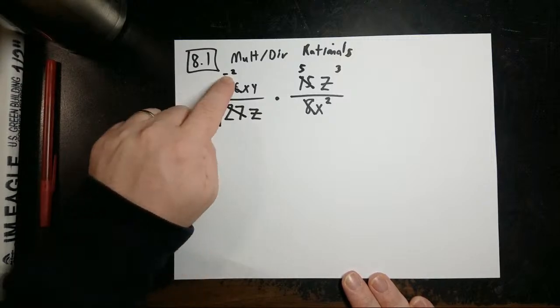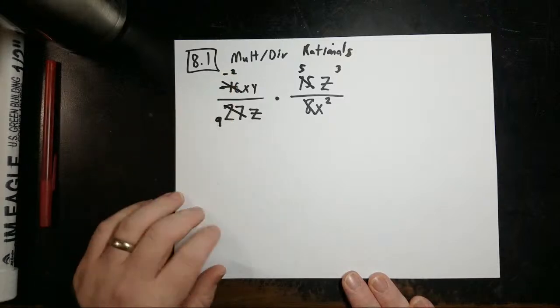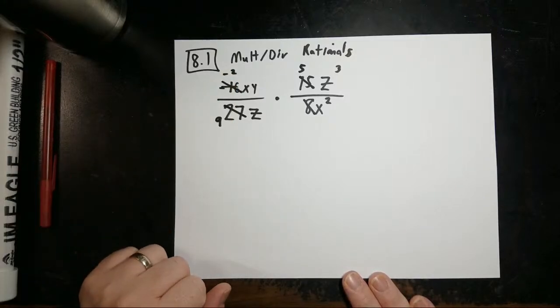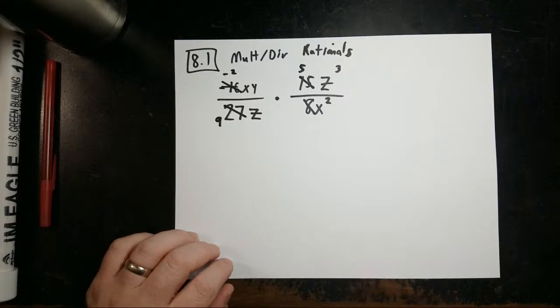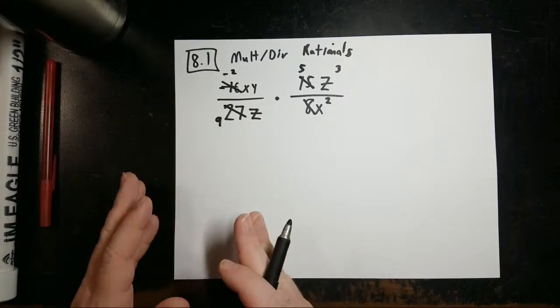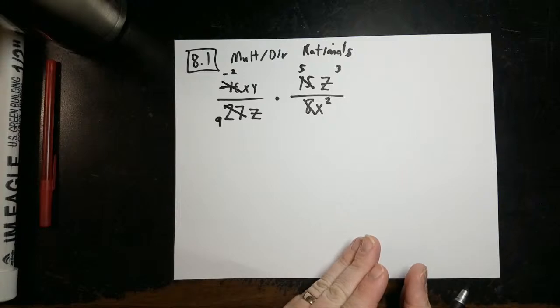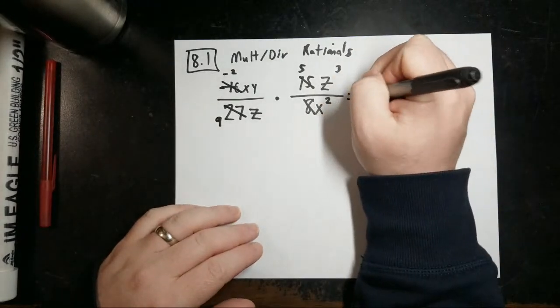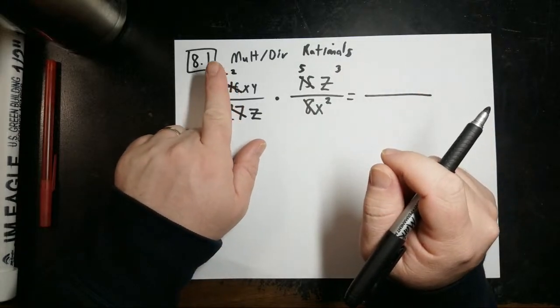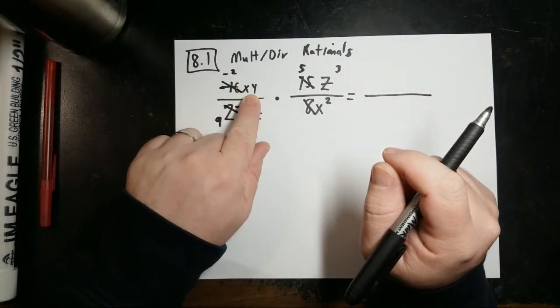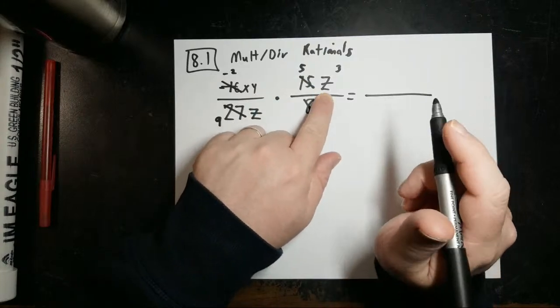You might be able to say, oh, well, could anything simplify with the negative 2 and the 9? Well, no, they can't. We have the variables to deal with. If it helps, you can bring everything over to the right, and it may help in terms of a visualization. If you just look across the top of the fraction, we have a negative 2xy, 5z cubed.